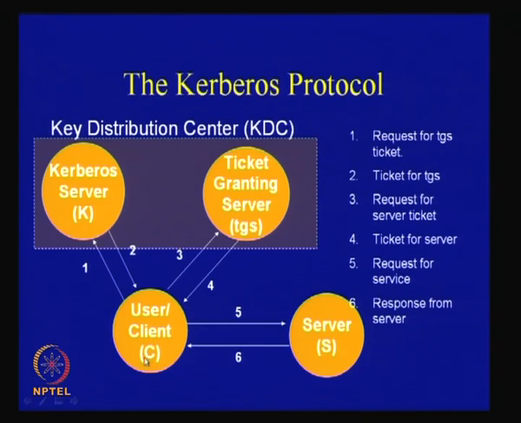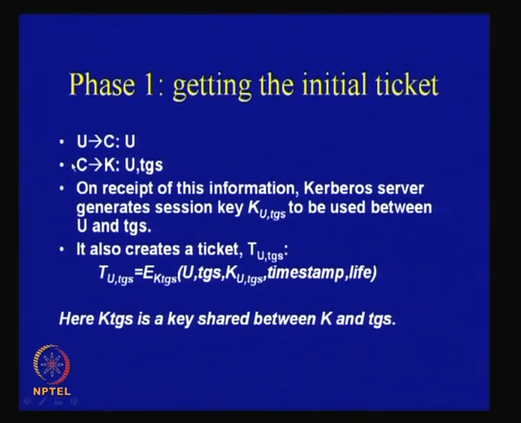Okay. You can imagine that I am sitting over a machine which is the client, and I am the user. The user logs into this client and wants to use this service. So, there is an amount of authentication between the user and the client as well. Therefore, what I send to the client is my own identifier.